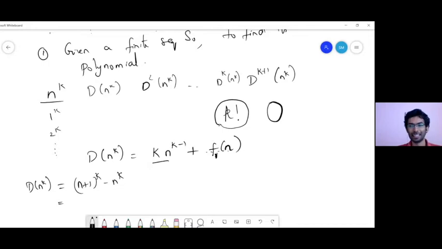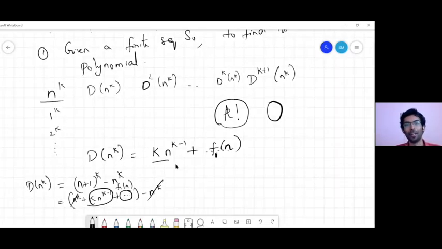I did it by binomial expansion of this. So the n to the power of k term will cancel and only the n to the power of k minus 1 term will remain, which will have a coefficient k. Nice. So this term is what you're writing here, and the rest of the terms are f1 of n.